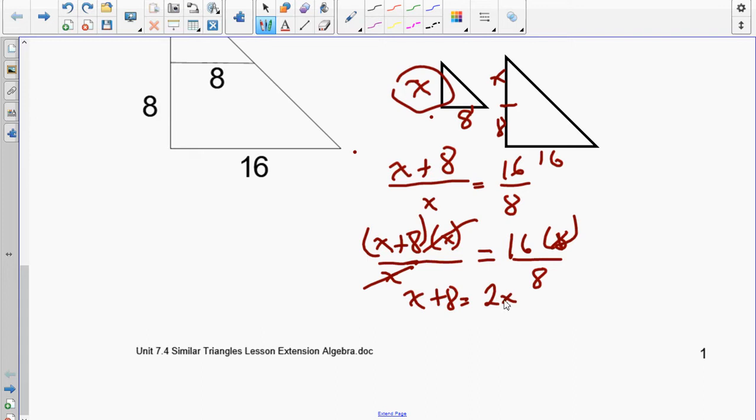I want to keep everything positive, so I'm going to subtract x from both sides. So x take away x, I have to keep the plus 8, and 2x take away x. Now x take away x, that's going to become a 0, so I only have 8 here on the left. Now 2x's, taking one of them away, means that I have x is equal to 8. So in this situation, my distance is 8 units.